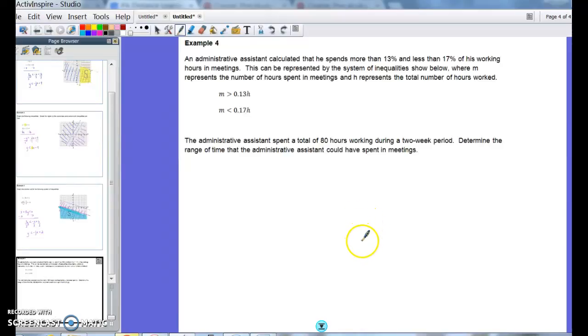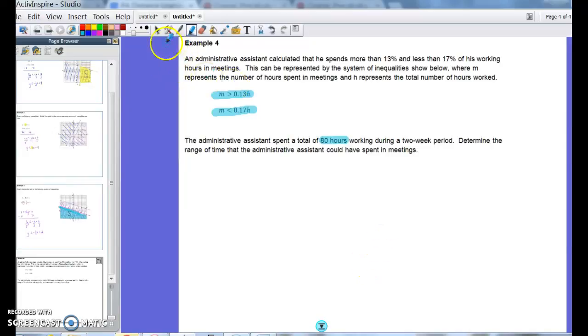A lot of words there. Okay, but we'll start with the fact that we know we have these two inequalities. Okay, they gave us that. It says that the administrative assistant spent a total of 80 hours working during a 2-week period. Determine the range of time that the administrative assistant could have spent in meetings.